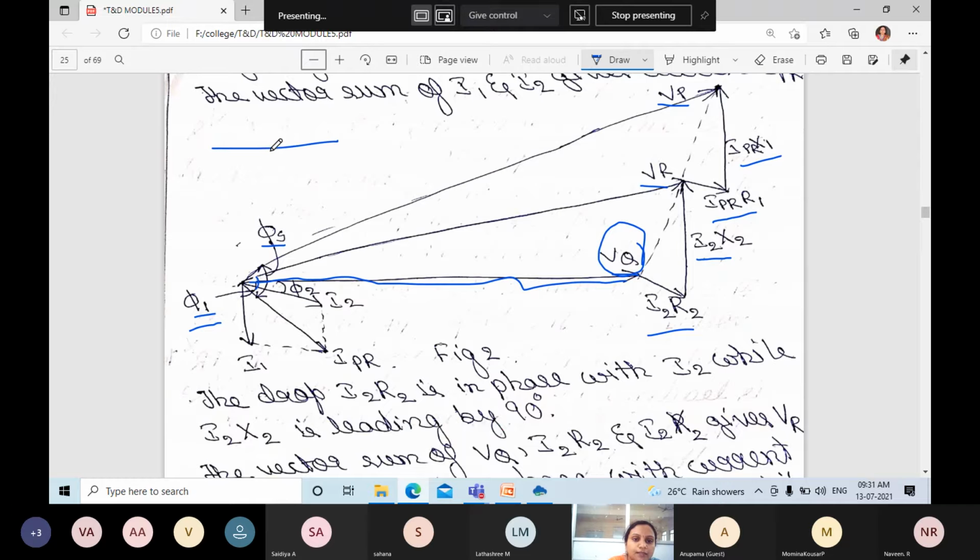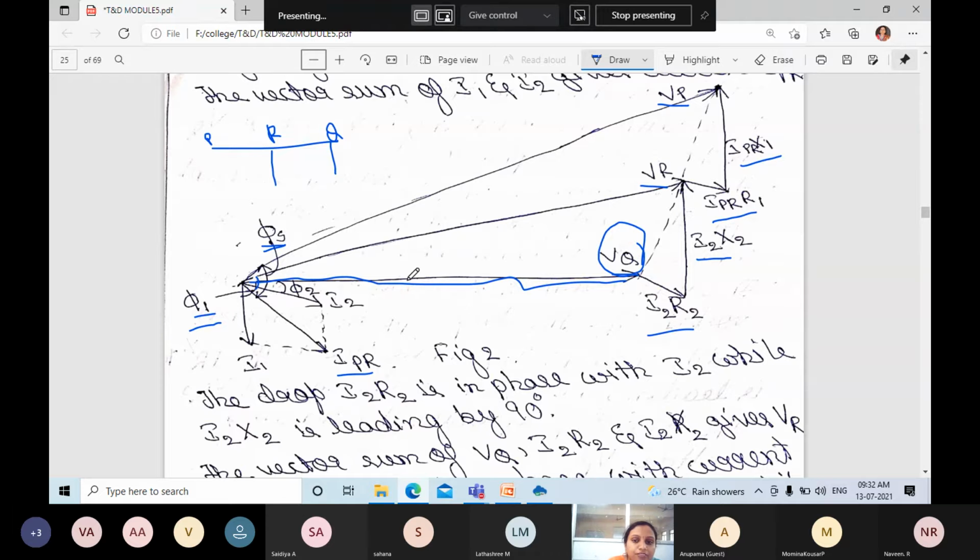See, this is the diagram. Two loads, I1 cos phi 1 and I2 cos phi 2, we have written. Here this is Q, this is P, and this is R. From P to R, the IPR current and VP give the total sending end angle phi s.